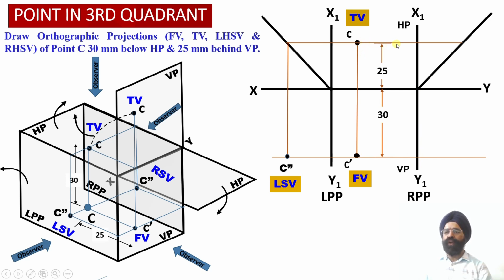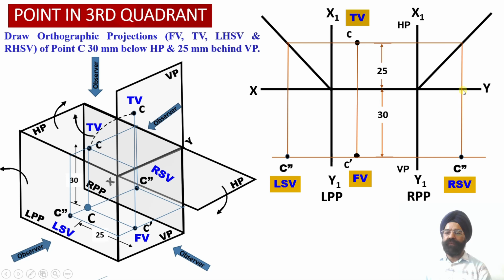Now from point C we are going to draw a horizontal projector line onto this transfer line, and once we obtain this vertical projector line at a distance of 25 millimeter from the vertical plane, we observe that wherever this vertical projector line intersects with the horizontal projector line obtained through the point C dash in this right-hand side view profile plane, we are going to obtain this intersection point as C double dash, which will represent the right-hand side view orthographic projection of this point C.